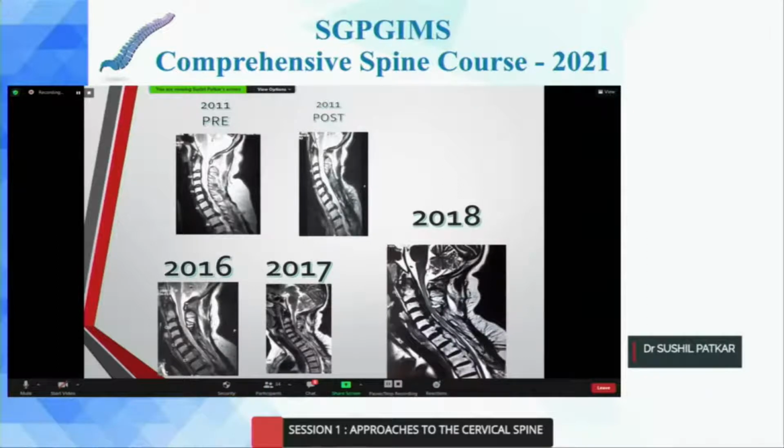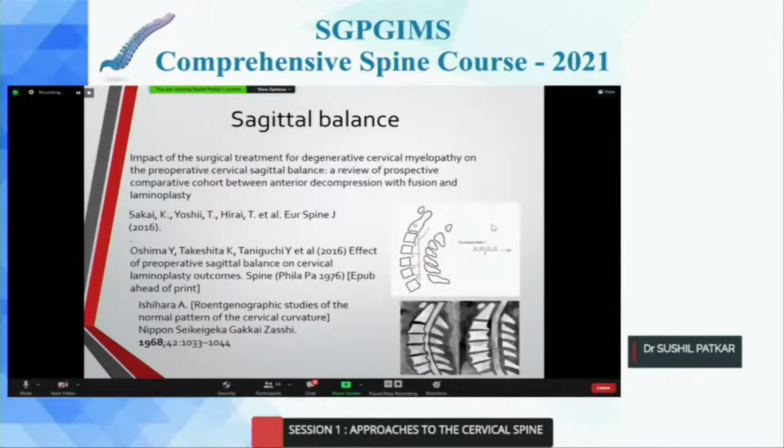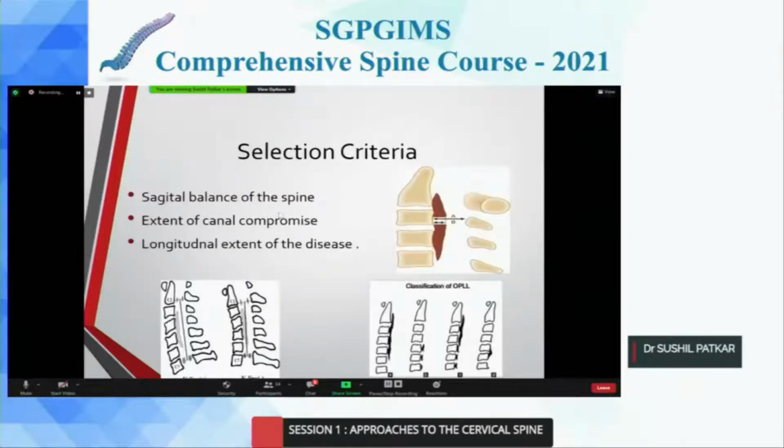Of course, sagittal balance became very important, and you heard Dr. Manas Panigrahi's talk. So the selection criteria is maintaining the sagittal balance, and the most important thing considered was the K line, that is a line drawn in the center of the axis to the C7, and whether the OPLL mass is anterior. If the OPLL mass is anterior to the K line, it's a good case for anterior surgery.